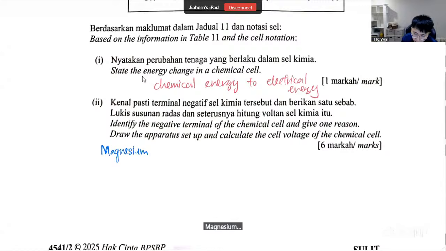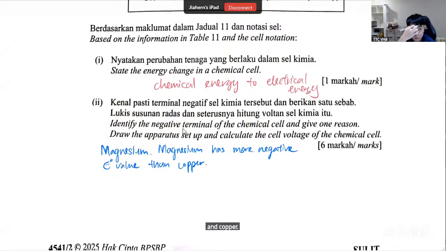But they also ask you to give one reason why, because you can say magnesium has more negative inert value than copper.